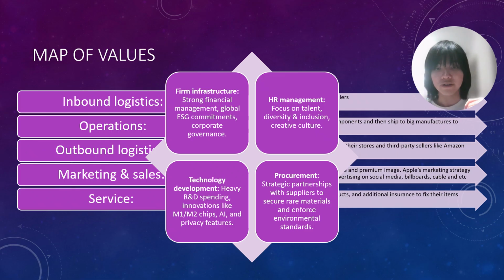They also have a strong firm infrastructure because Apple is a global company with a lot of corporate housing and supply chain throughout the whole world. There's also the technology development, where Apple pours in billions of dollars every year in order to create the most innovative products, and also the procurement, where Apple is always very strategic with their partnerships and knows how to communicate with all of their suppliers.